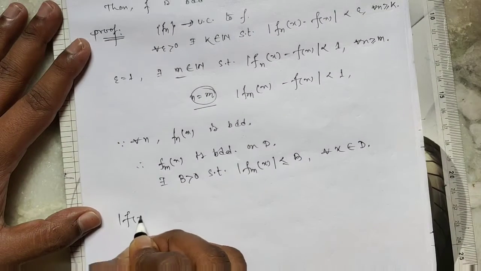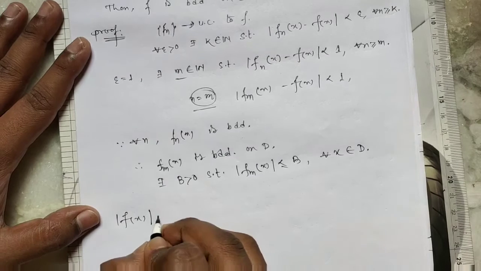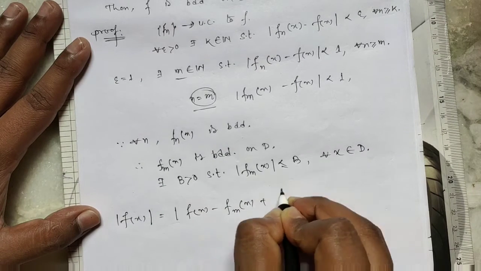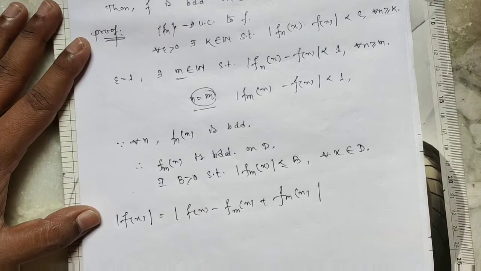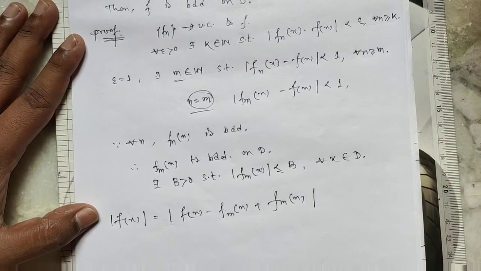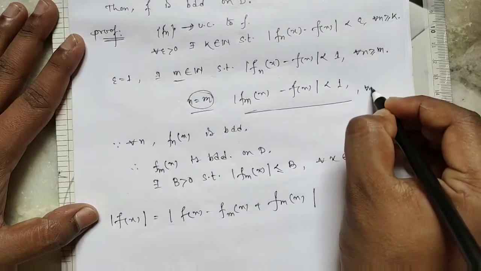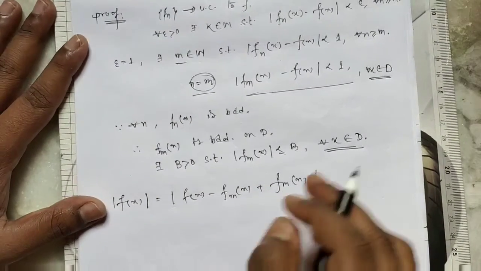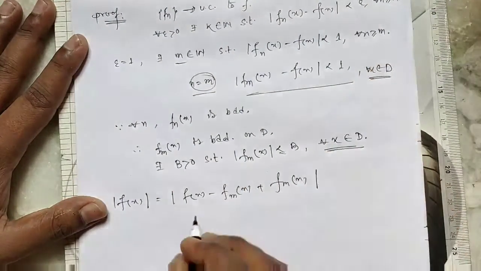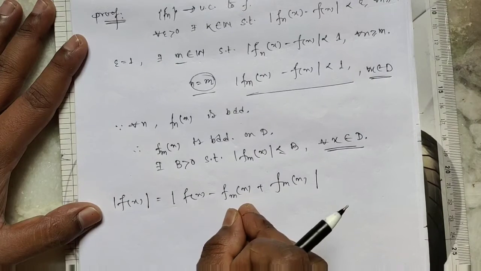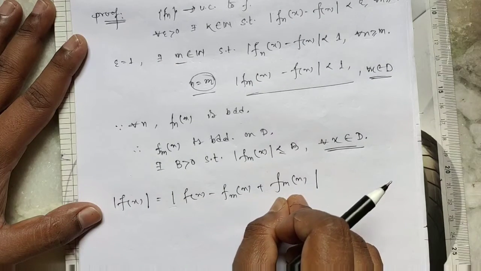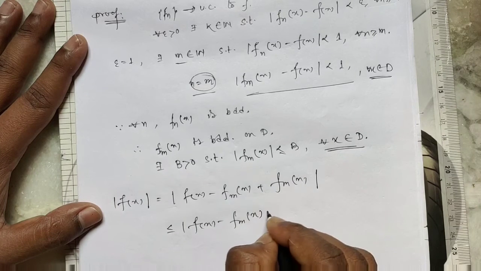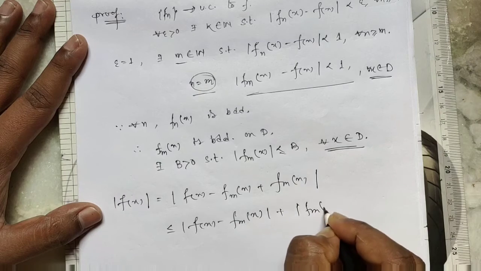Now we find mod of f(x). This is equal to mod of f(x) minus fm(x) plus fm(x), true for all x belongs to D. So we combine these two: we subtract fm(x) and add fm(x). Now by the triangle inequality, this is less than or equal to mod of f(x) minus fm(x) plus mod of fm(x).